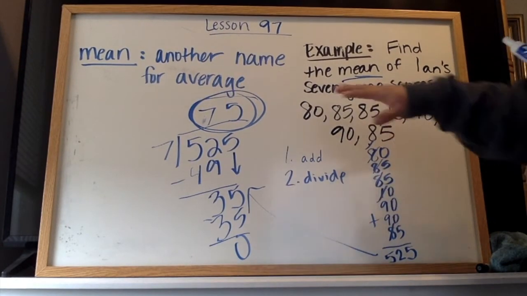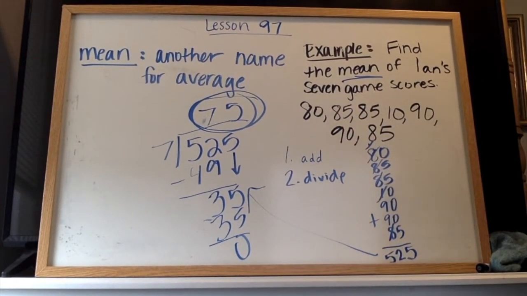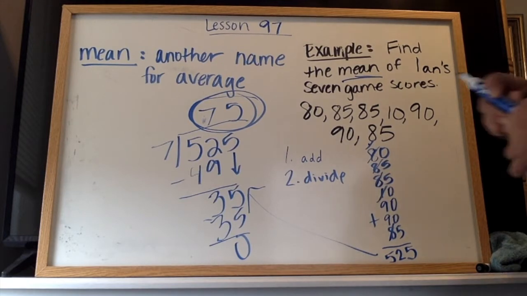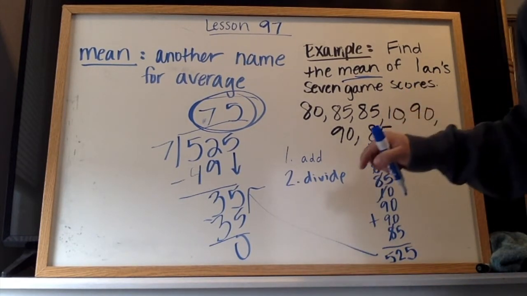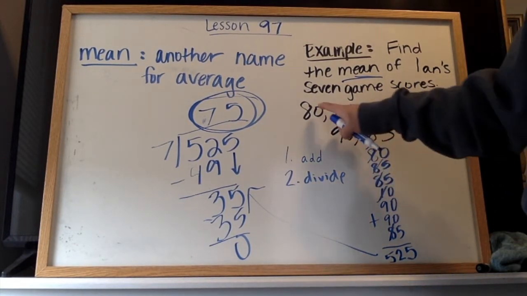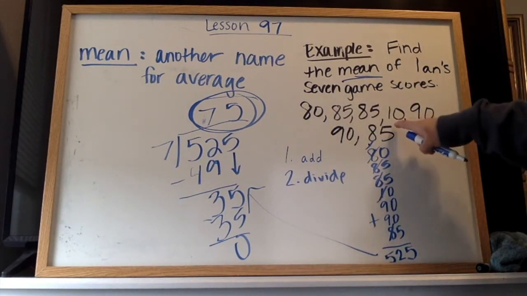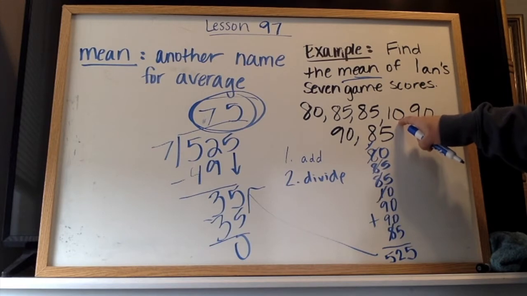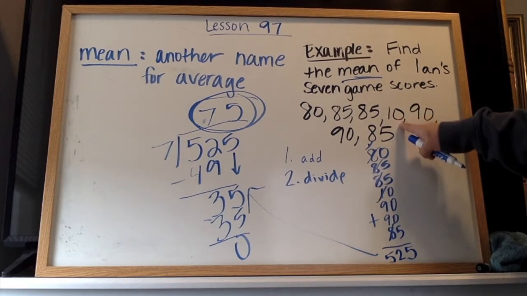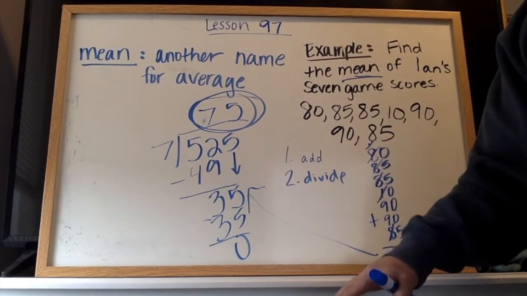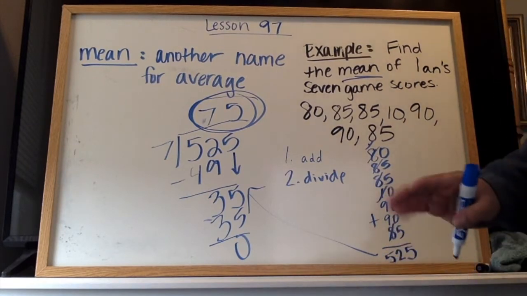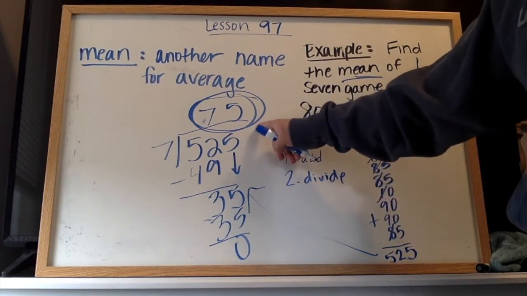And 85 is pretty close. So my guess at first would be that the average, or the mean, would probably be in the 80s. But because of this 10 right here, one of those scores that low is going to bring that average, or that mean, lower. That's why our average is actually 75.